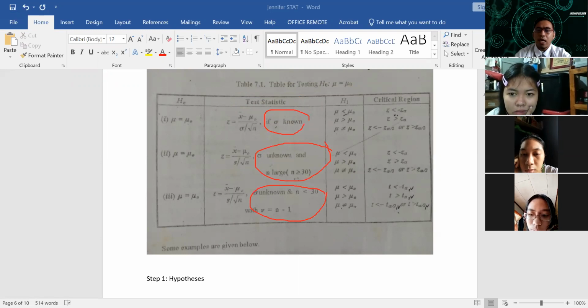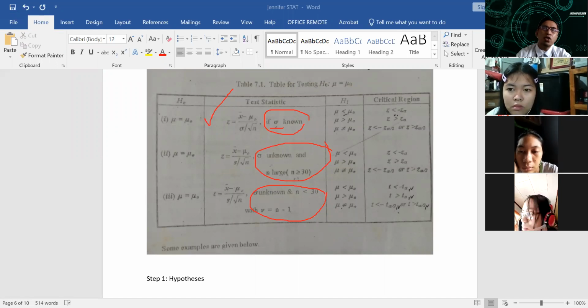First, you should ask: is the population standard deviation given? If the population standard deviation is given, you use case 1. If there is a previous result stating that the population standard deviation is equal to some value, it means you use case 1.